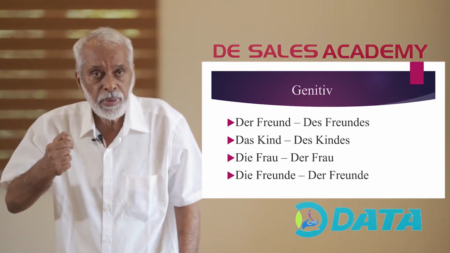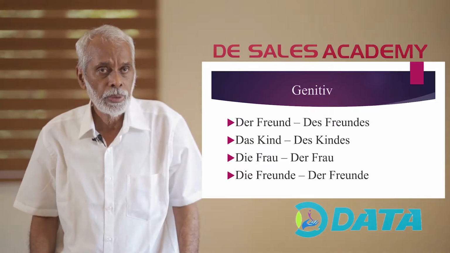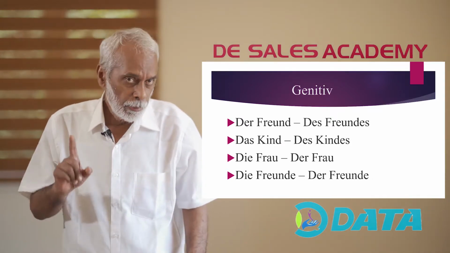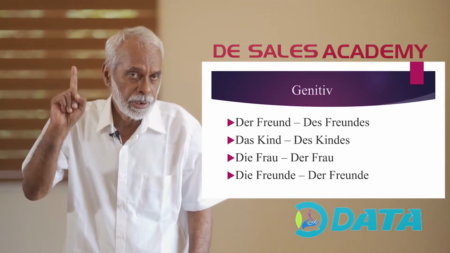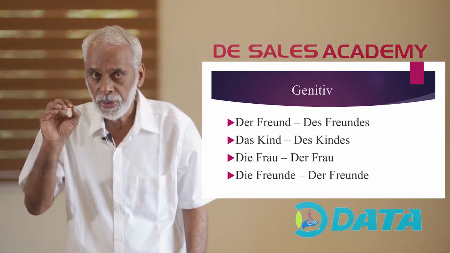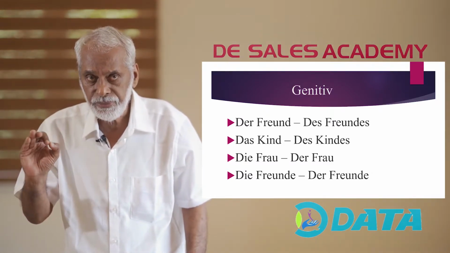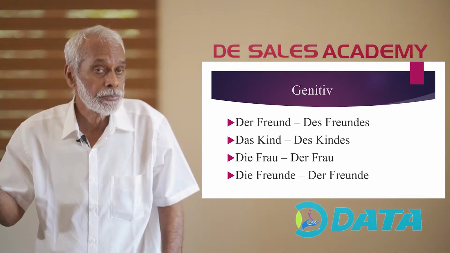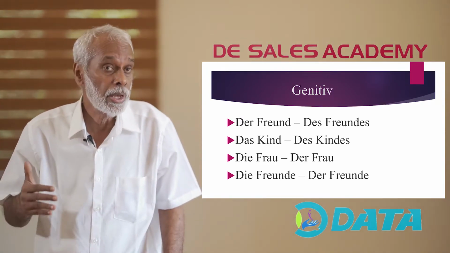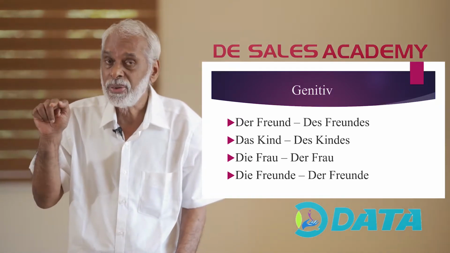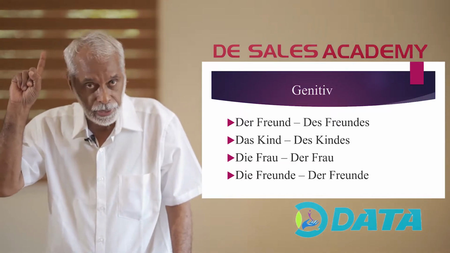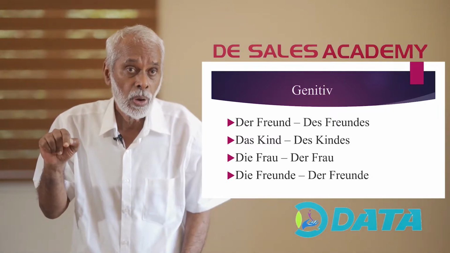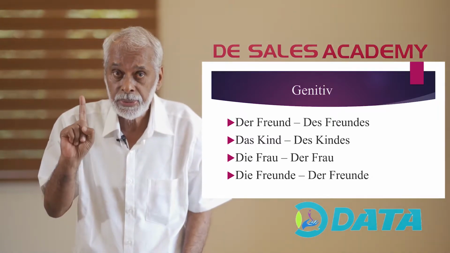But when it comes to feminine, die Frau, the genitive is der Frau. Remember, at the beginning of the language you learned der as the masculine definite singular article: der Tisch, der Mann, der Stuhl, etc. But this der is different from that der. This der is the genitive of the feminine die.